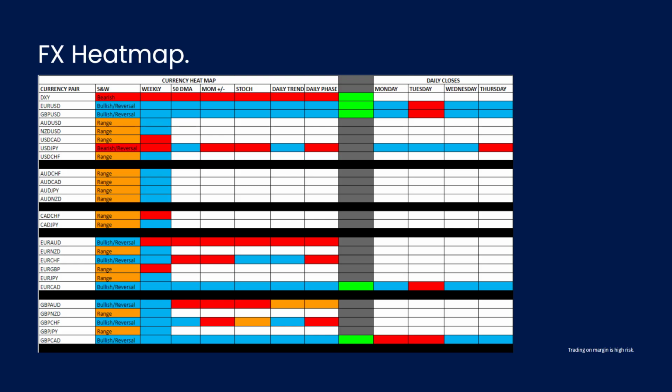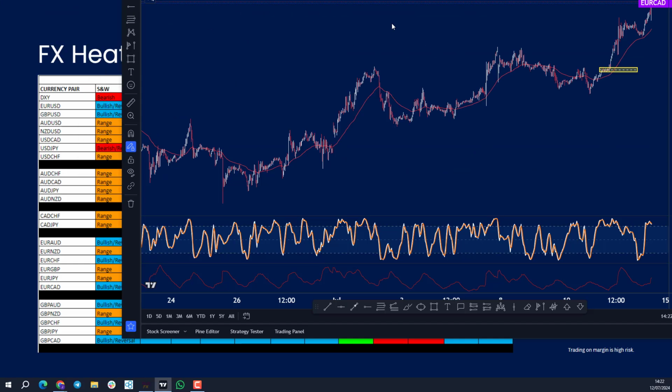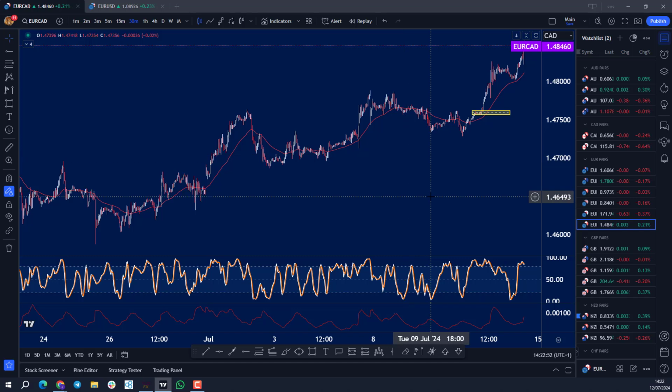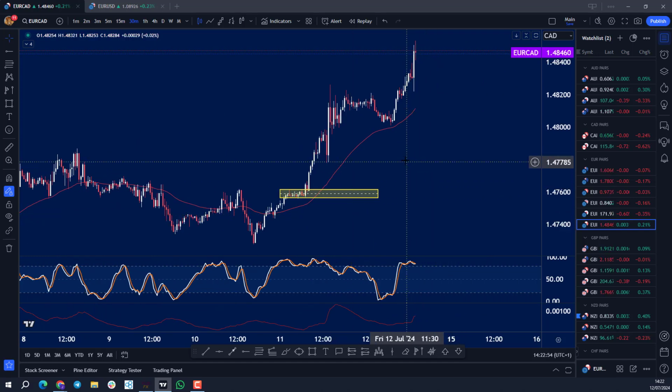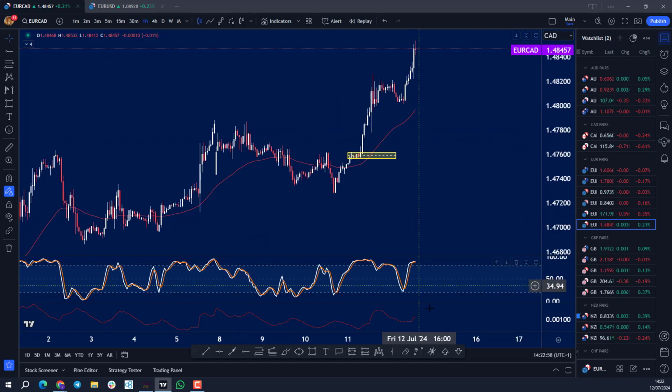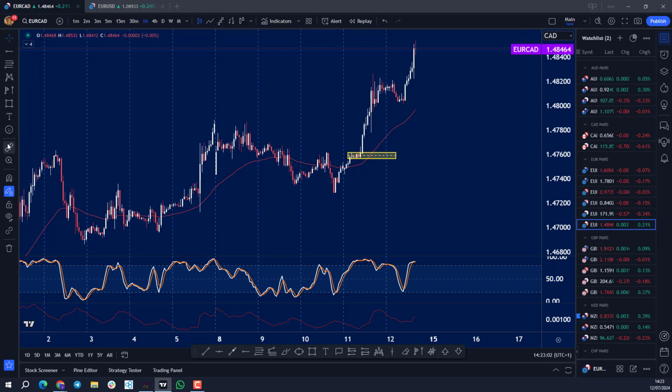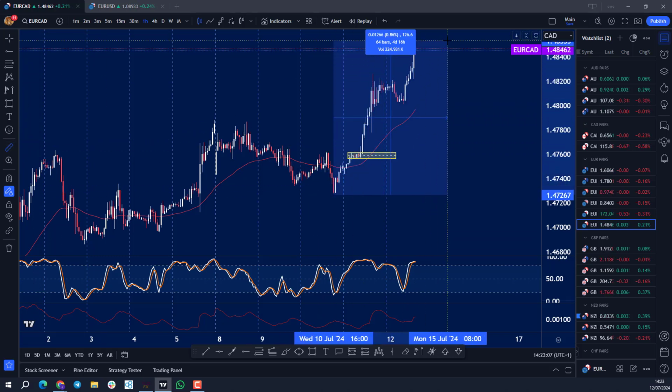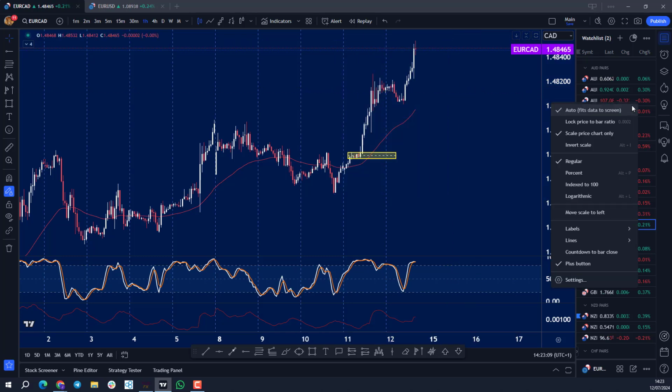If I bring in the TradingView platform, you can see some of the other moves of the market this week. This is a 30-minute time frame, but if I go up to an hourly chart, this is EuroCAD. This was another one that we spoke about going long on this week. If we take a look at the low to high of this market, that's 126 pips.